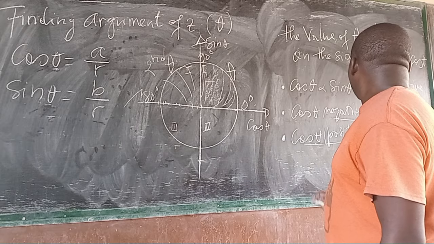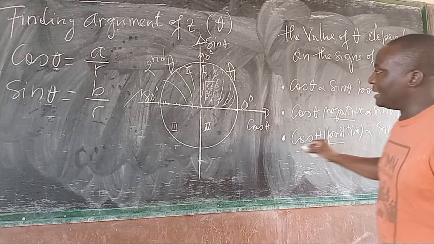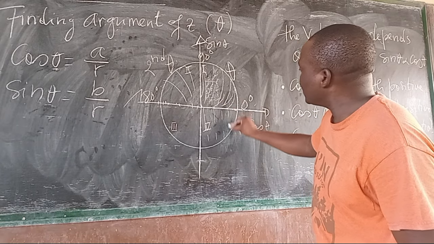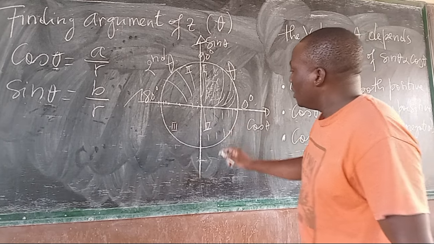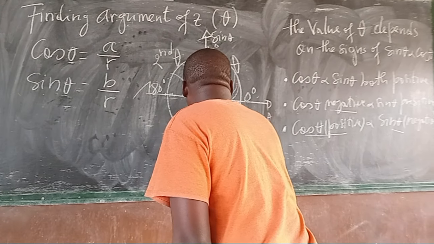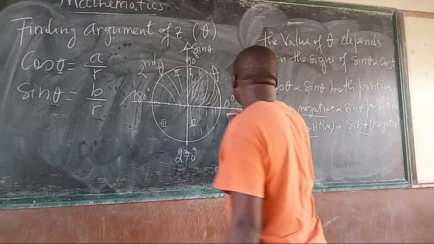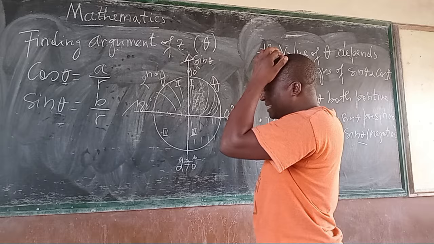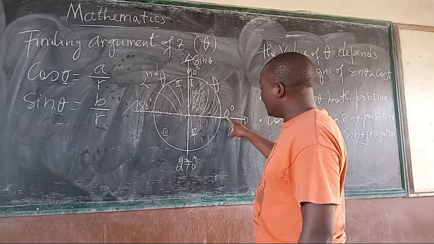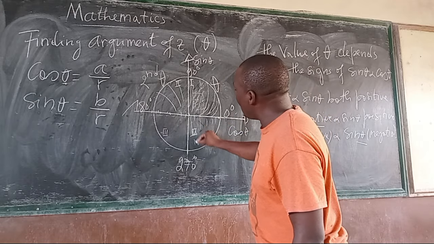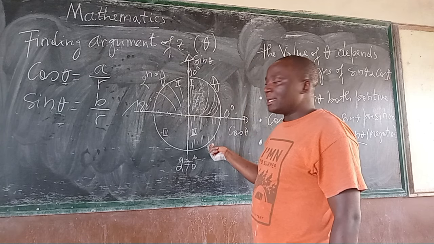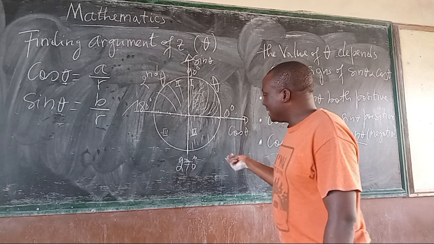We are here. Then sine is in the negative direction. We are here in the fourth quadrant, from 270 degrees until 360 degrees or 0 degrees. Here your argument must be located in the fourth quadrant.